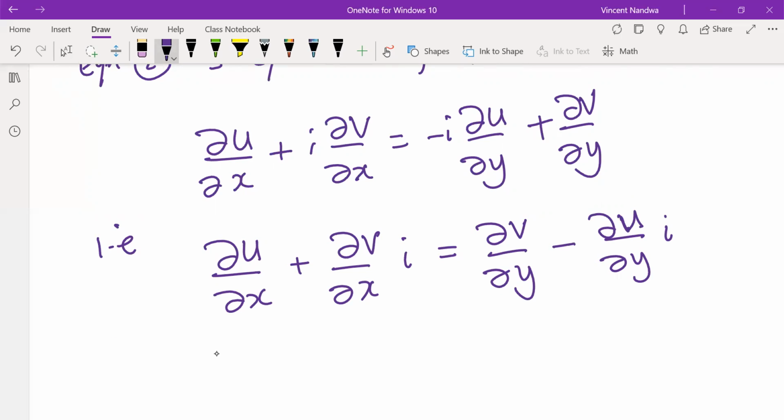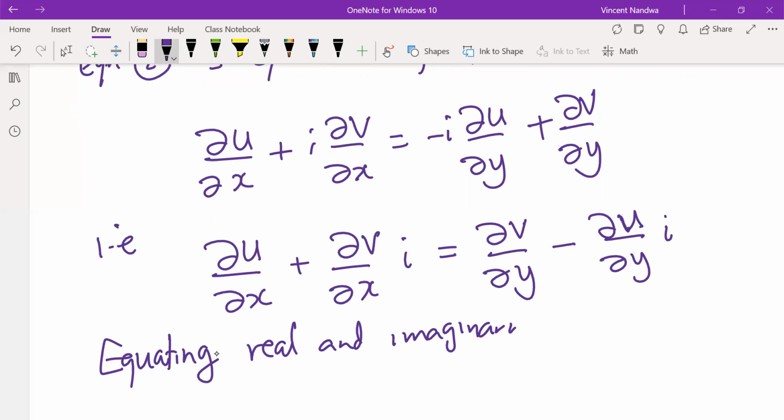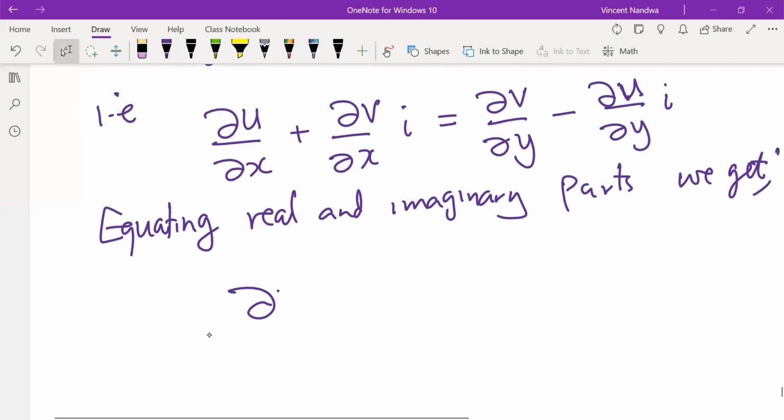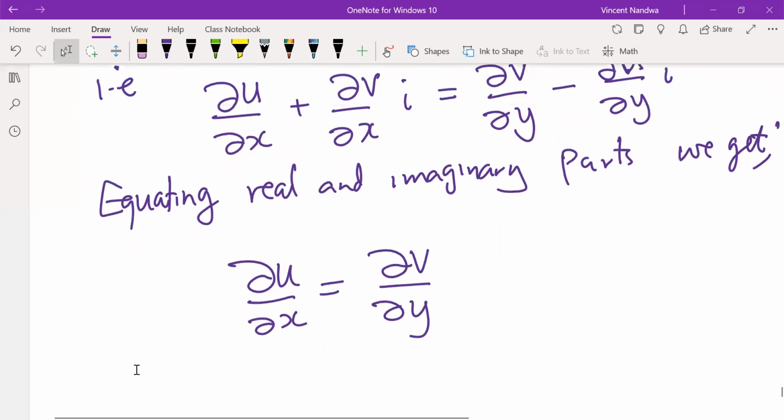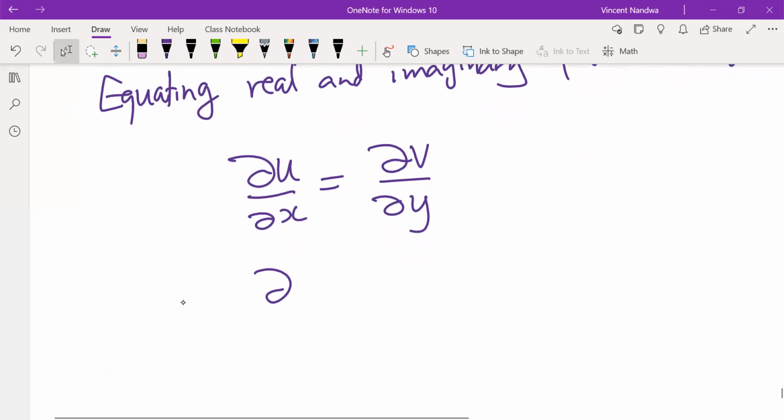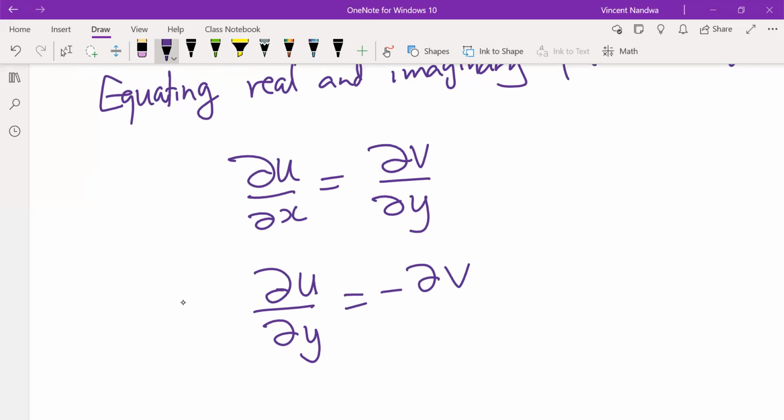So equating real and imaginary parts, we get partial u partial x equals partial v partial y, and partial u partial y equals negative partial v partial x.